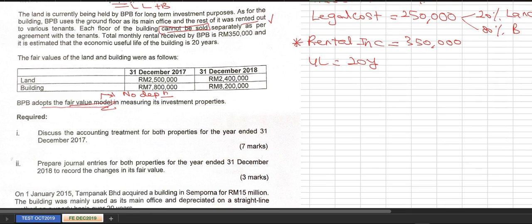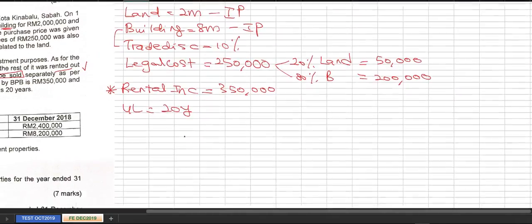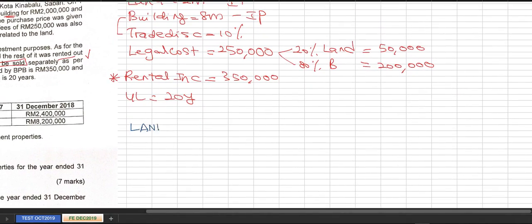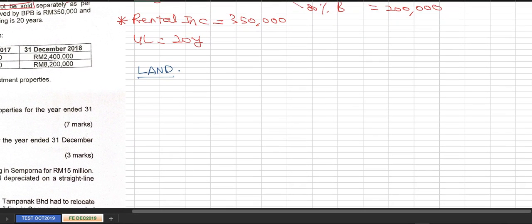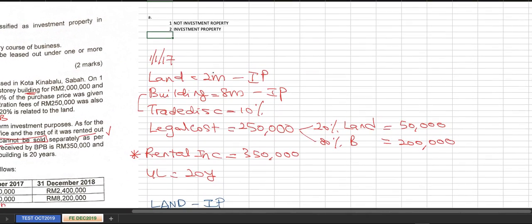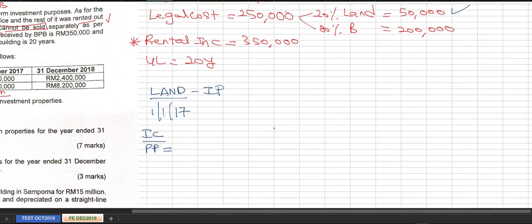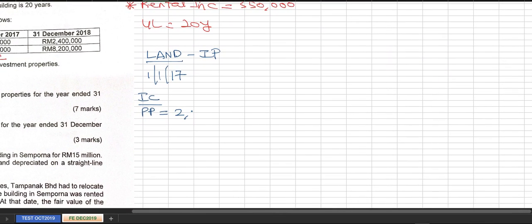So now, if I draw the timeline based on the information, make sure that you split land and the building. Land is IP. On 1st January 17, the initial cost is the purchase price of 2 million plus legal cost of 50,000, so the initial cost is 2.05 million.